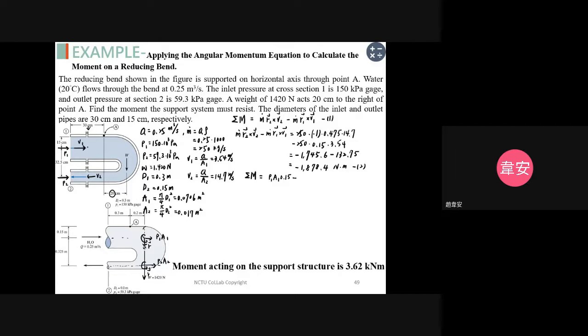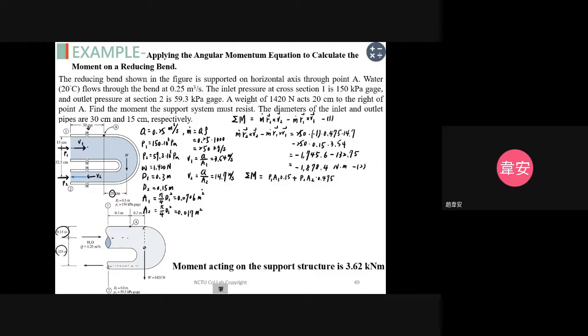So there is plus P2 A2, and the R distance is 0.15 plus 0.325, which is 0.475 meters.